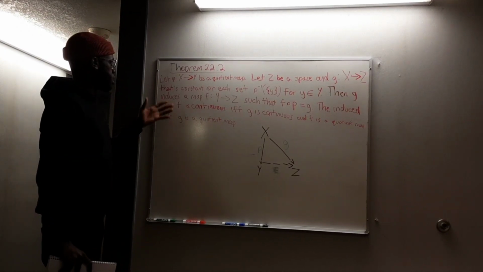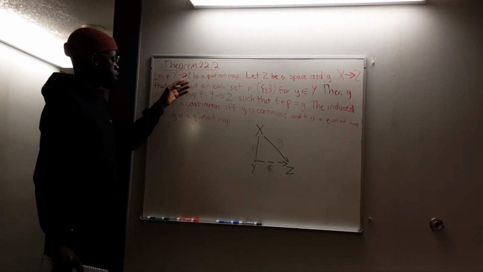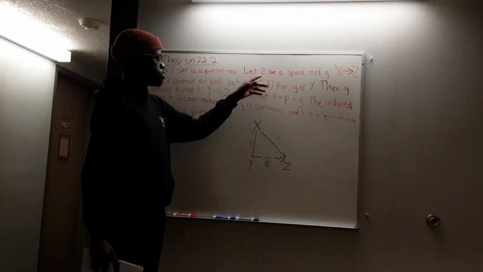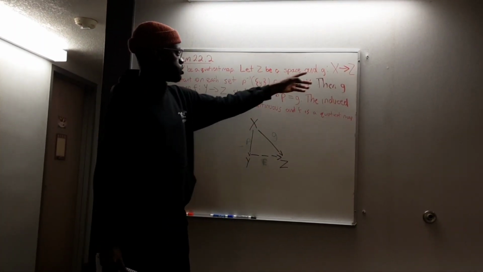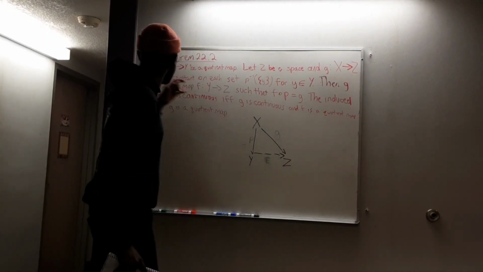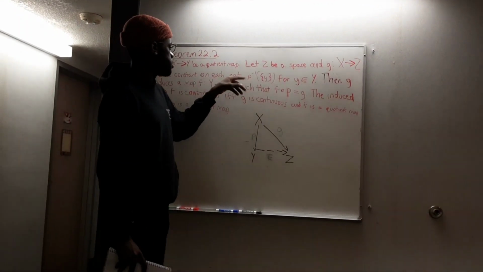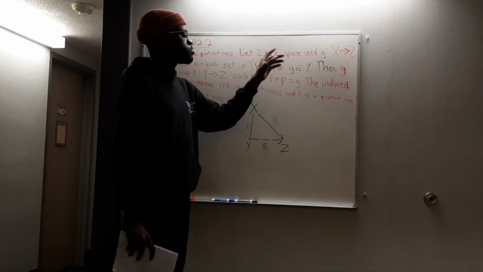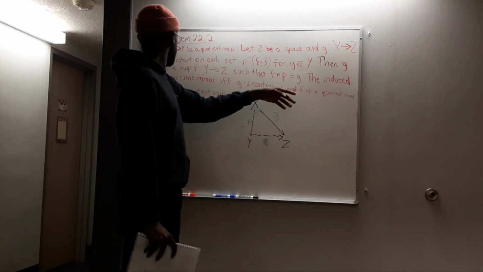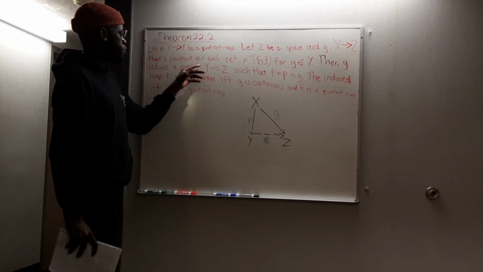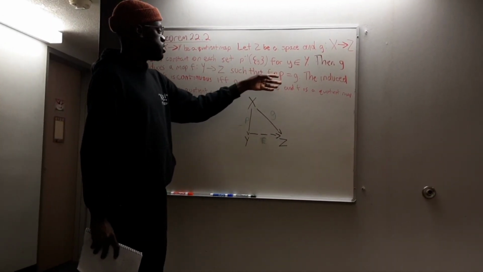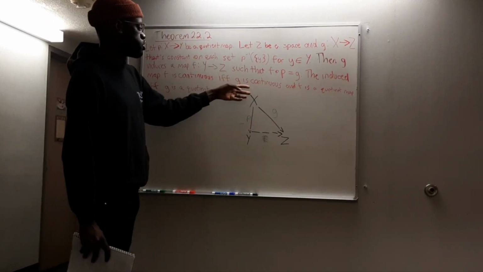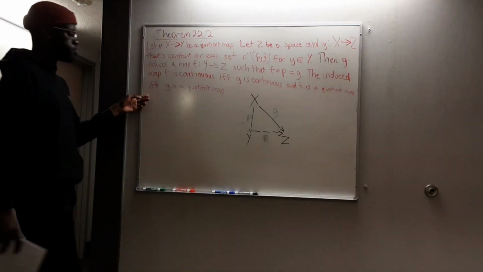Basically, as it states here, we're going to allow map P from X to Y to be a quotient map, and let Z be a space, and map G from X to Z that's constant on each set P inverse of y for elements y that belong to set Y. Then we have G inducing a map F from Y to Z such that F composite P equals G. The induced map F is continuous if and only if G is continuous, and F is a quotient map if and only if G is a quotient map.